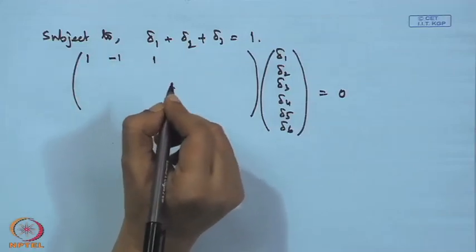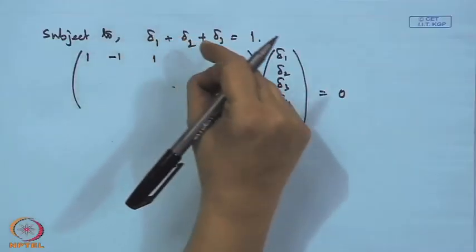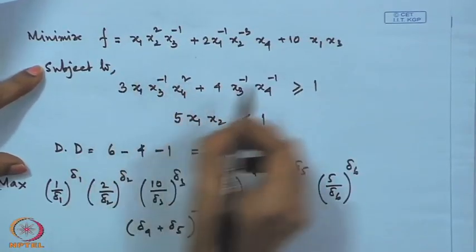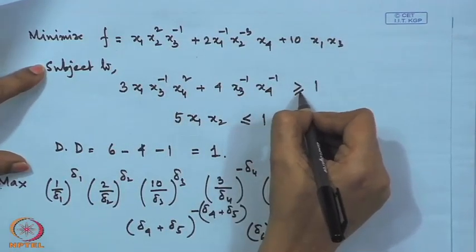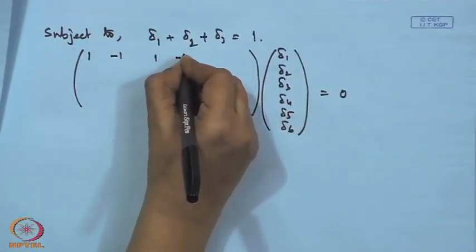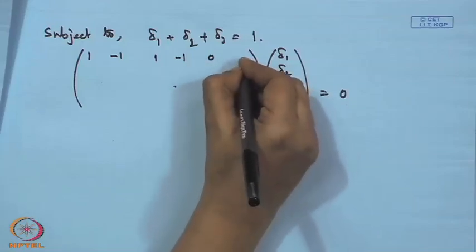From the next, as we see, we have the greater than type constraint, that is why we have to consider the negative of the power. As we see in this constraint x1 power is 1, but here the constraint is greater than equal to, that is why we need to consider minus 1, because the signum function will be multiplied here. Thus, it is minus 1, 0, 1.